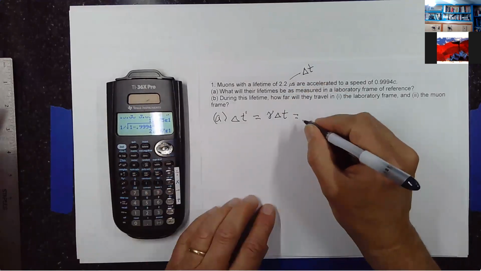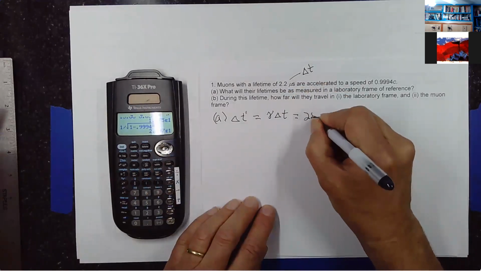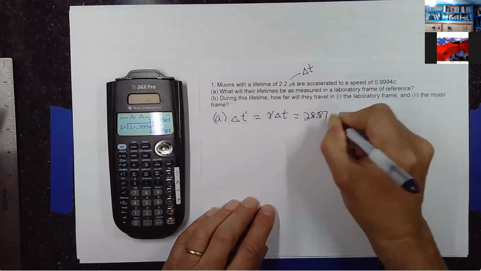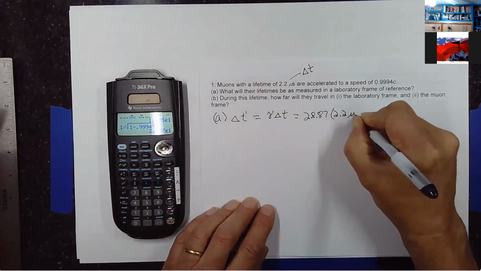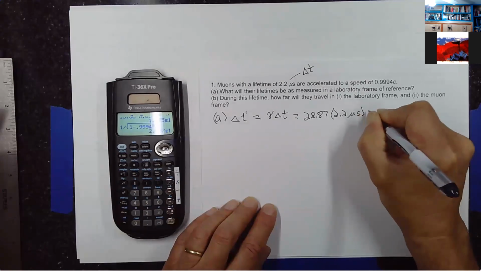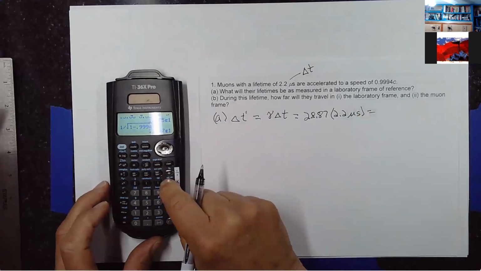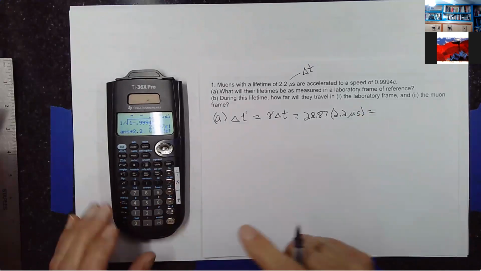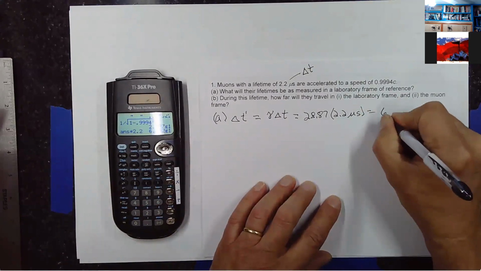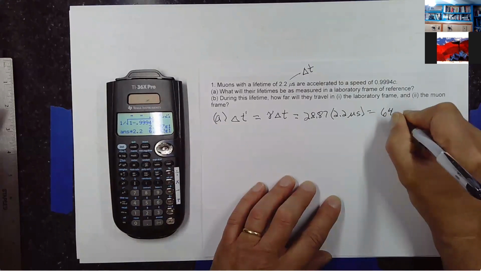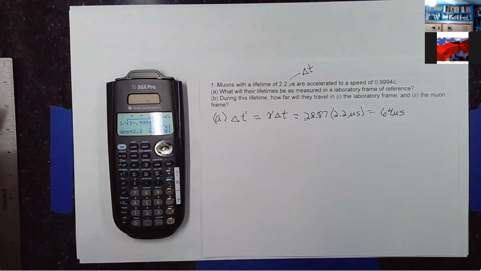So 28.9 times 2.2 microseconds, and I'd get about 64 microseconds is about what I'd get.